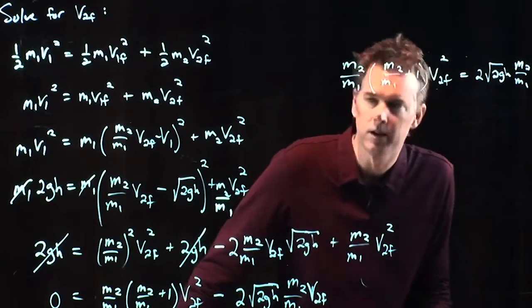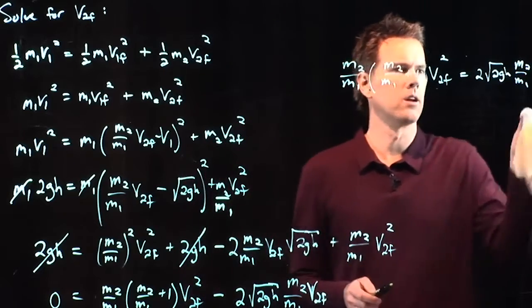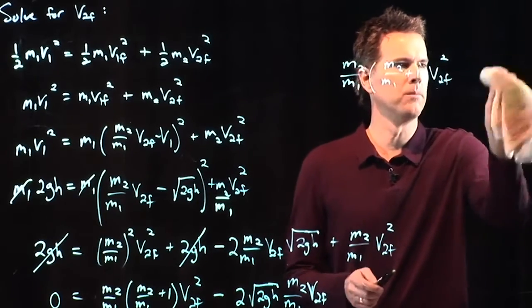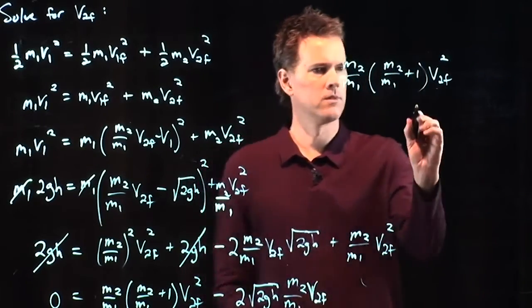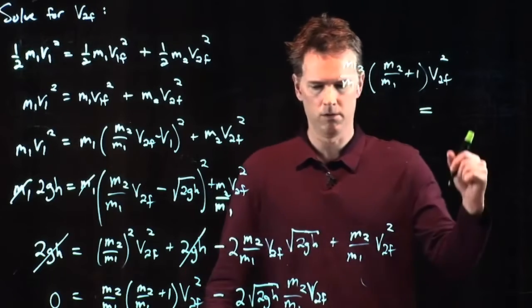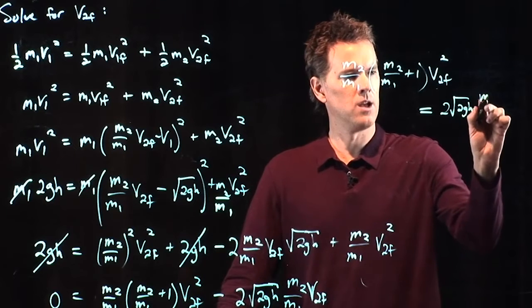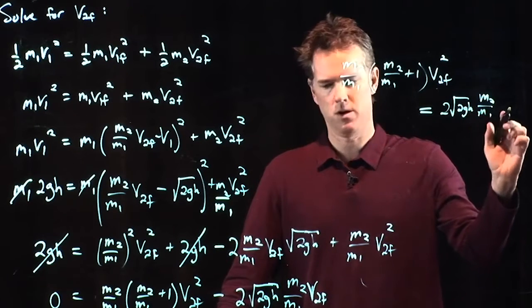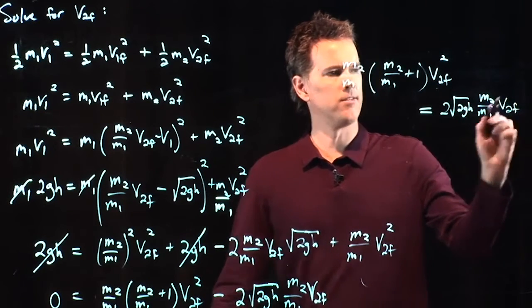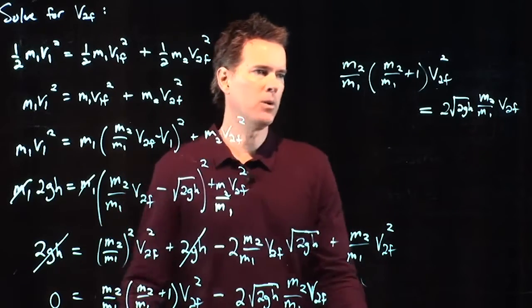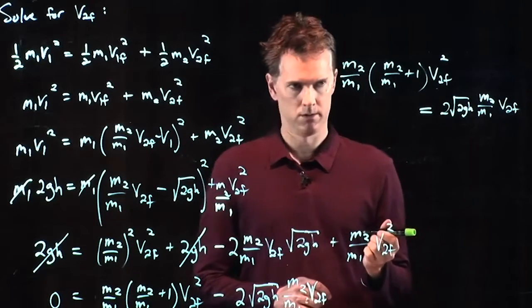Can you see that okay, or did it go off? It went off a little bit. Okay, let me scooch it over a little bit. Equals 2 square root 2gh m2 over m1 v2f. And now we can simplify this a bunch, okay?